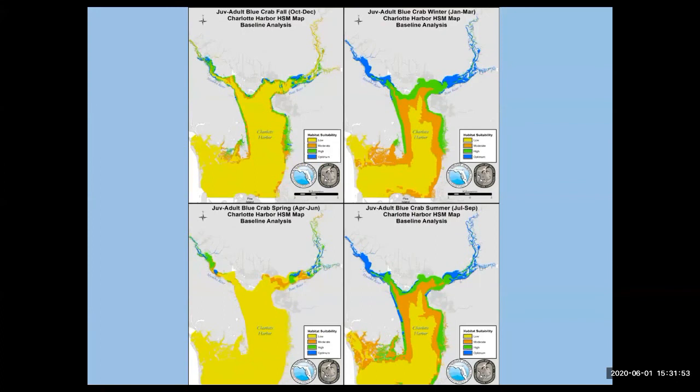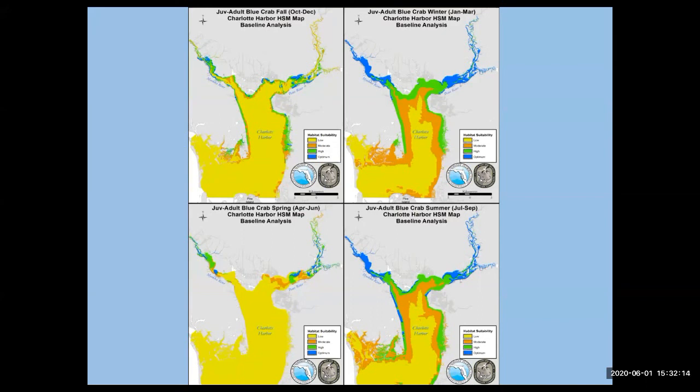Here we have the juvenile to adult blue crab maps. Well, it looks like they're reproducing in the estuary in the winter, which is on the top right. And then those abundant zones, the blue zones, contract, and then they expand again in summer.